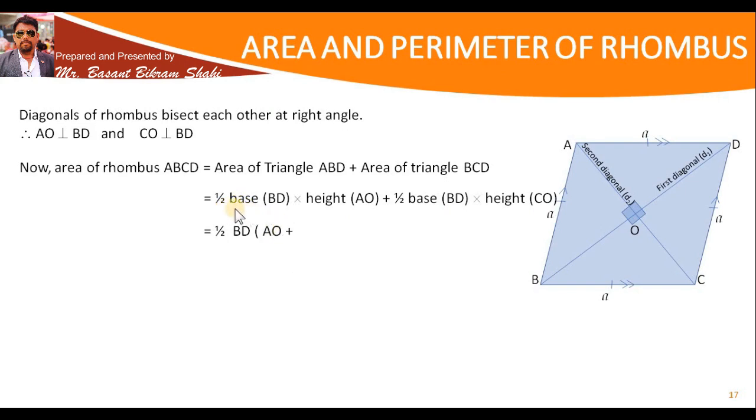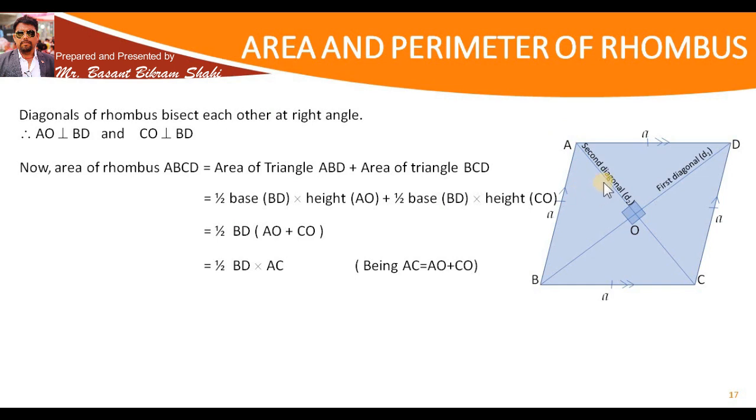Now here half and half are common. BD and BD are also common, so taken outside. Left here are AO and CO. So half BD, AO plus CO. AO plus CO is AC.